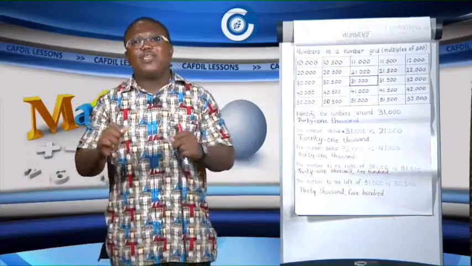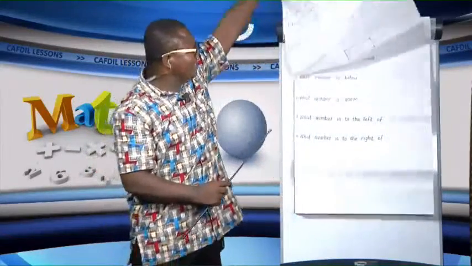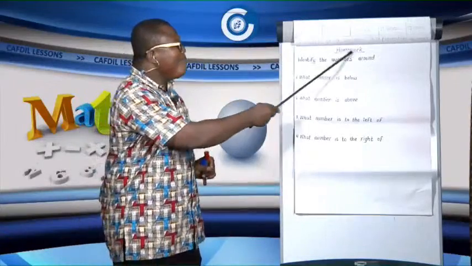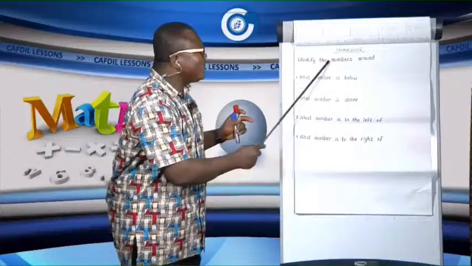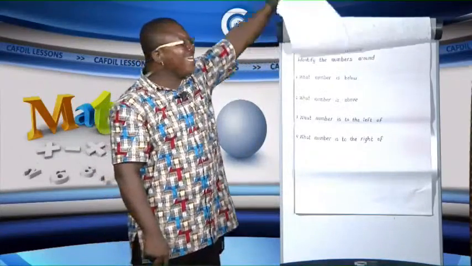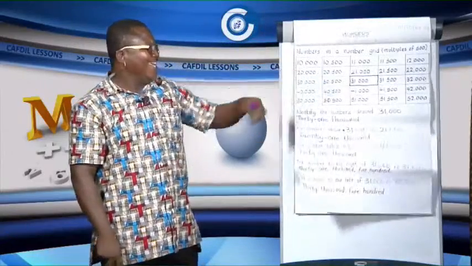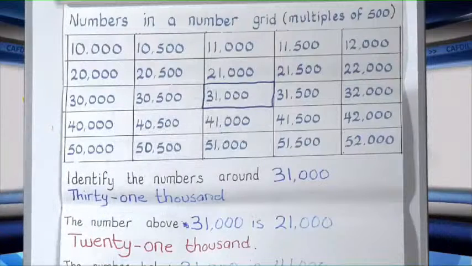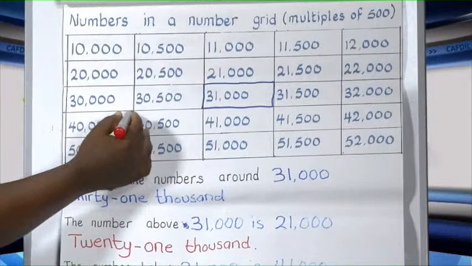But I'm not going to leave you like that. I want to give you this assignment, homework. You are going to identify the numbers around. So this is our number grid. I used 31,000. I want you to also play around this number. Okay, let's play around this.